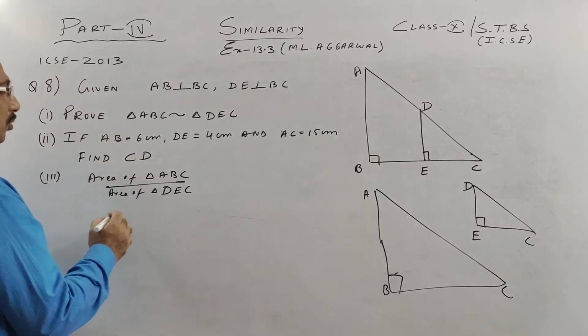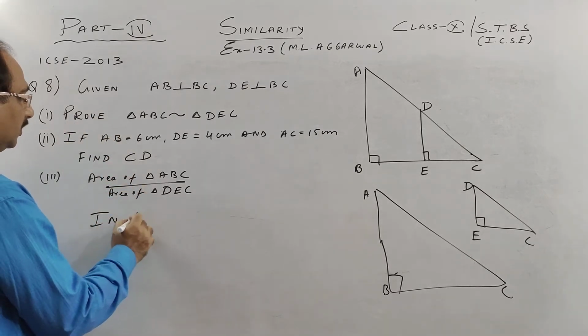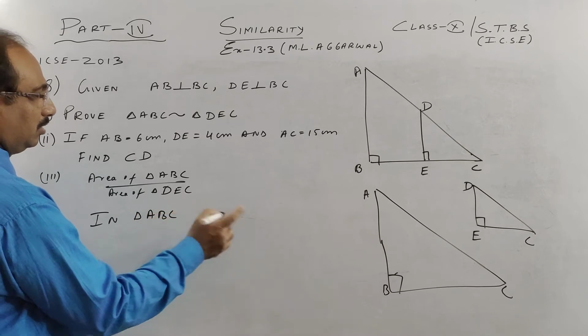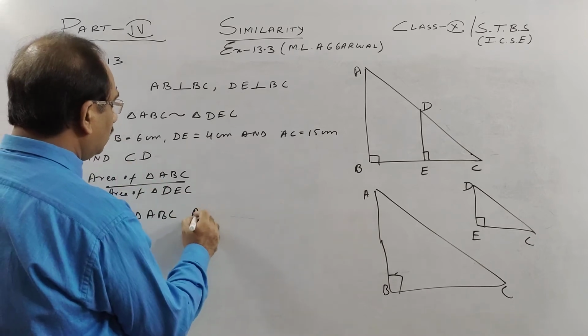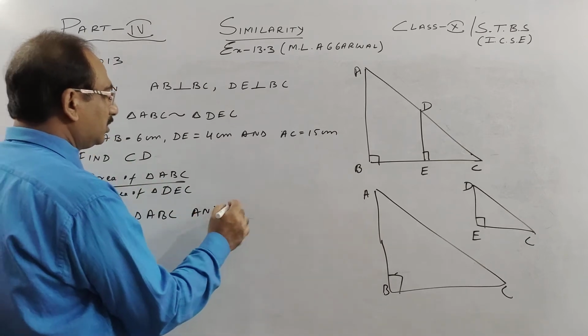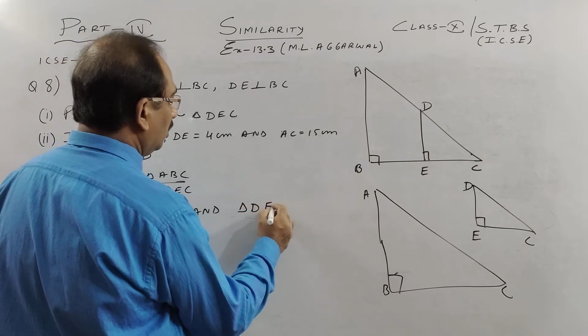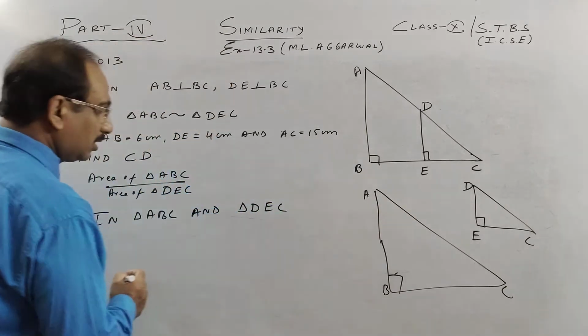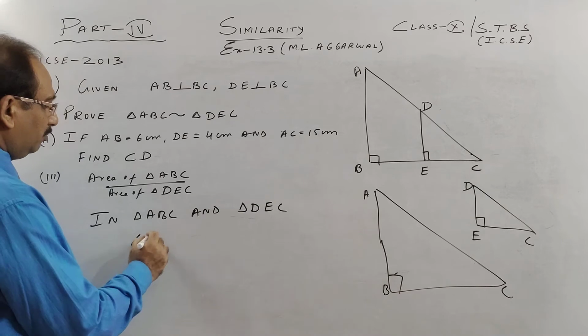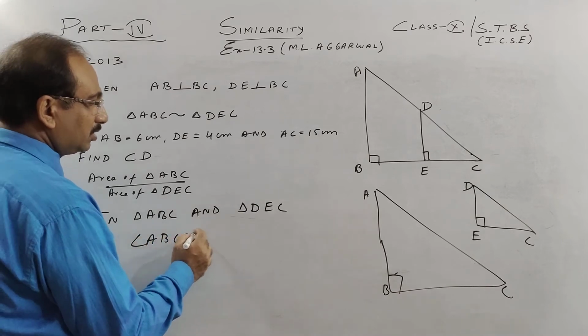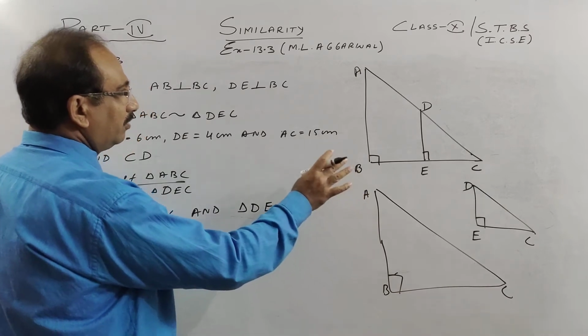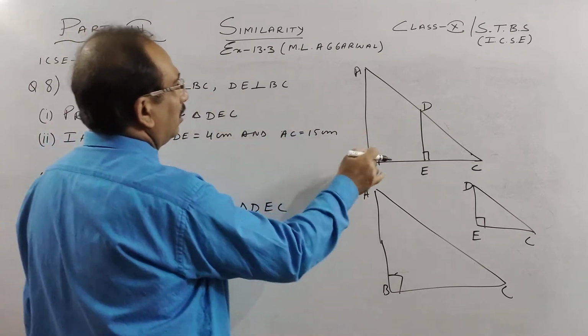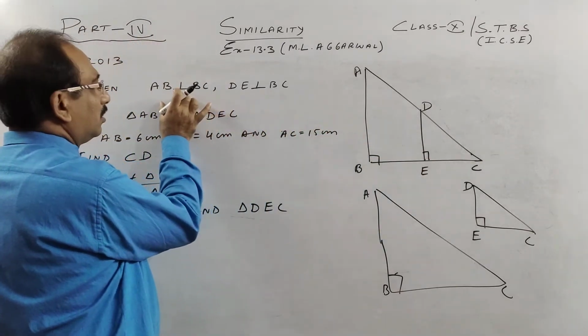Number 1, prove that. So in triangle ABC, the big one, and triangle DEC, we always tell which triangle we are talking about. What is given, children? AB and DE are perpendicular to BC. So what did I write?